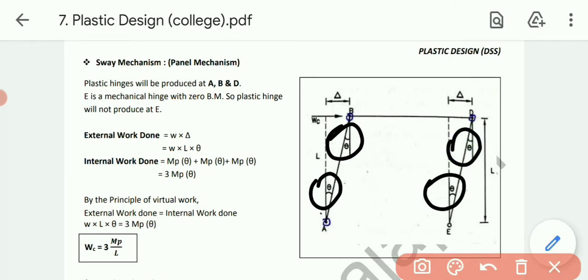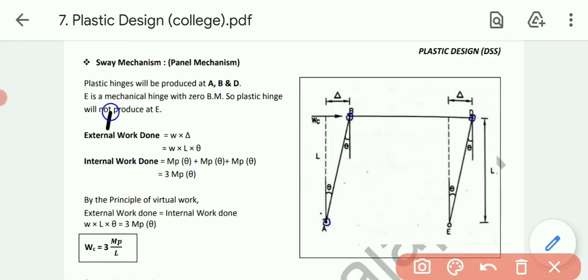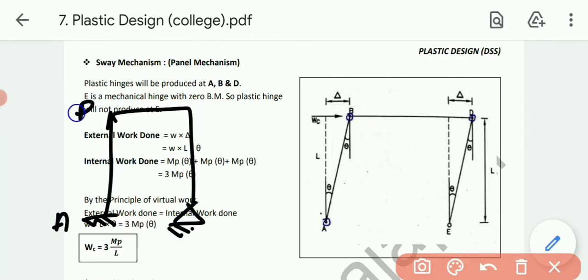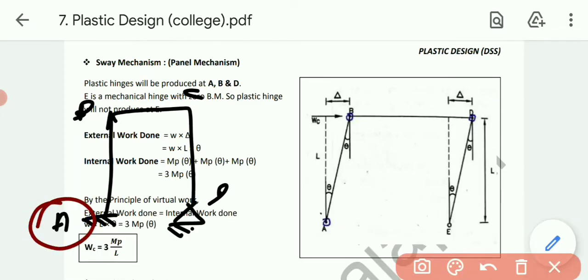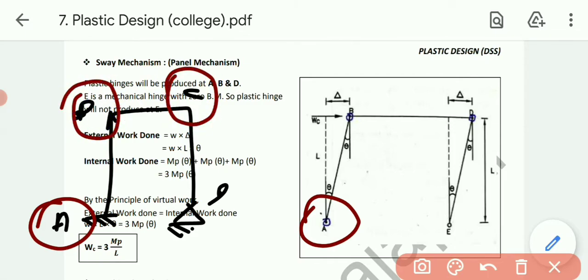Now let's talk about the points where moment will be produced. One thing is for sure, our original beam was like this. At A it was fixed support, and at D it was hinge support: A, B, C and D. At A moment will be produced, so at A a plastic hinge will be produced. At B and C, intermediate supports, moment will also be produced.